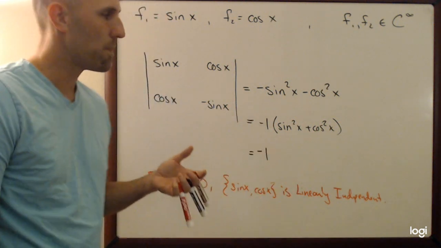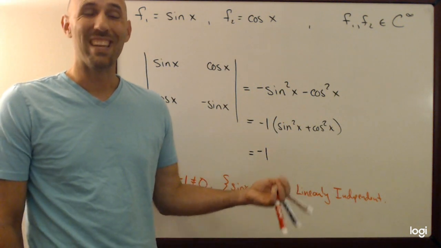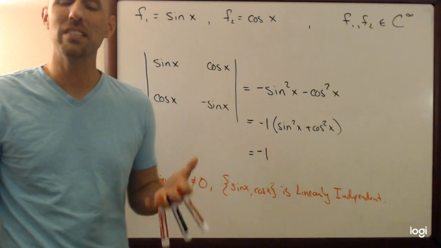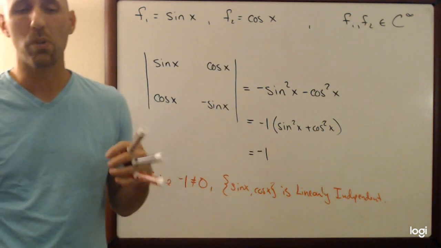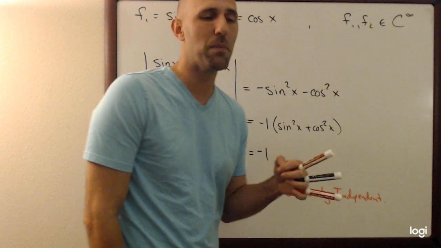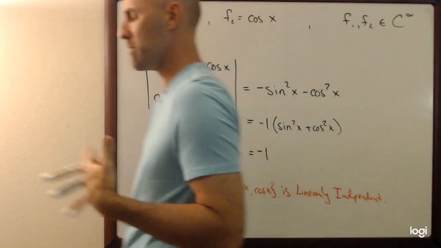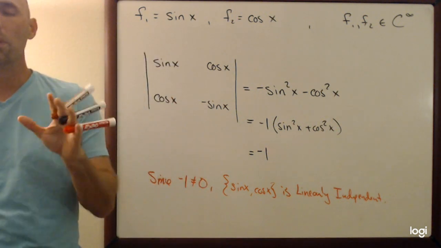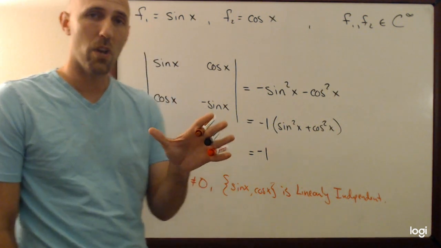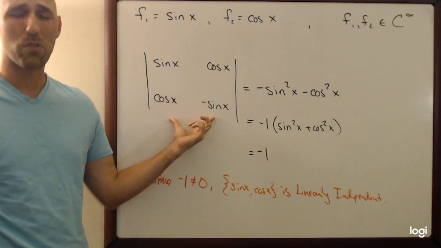That means if this came out to be 0, that doesn't necessarily mean that it's linearly dependent, not for functions. Now you might be asking, well, didn't you just give me a theorem that said that if I took a determinant of a matrix and came out to be 0, then it was dependent? Yes, but that was for real valued vectors. You might notice taking derivatives here, that's somewhat arbitrary, isn't it?